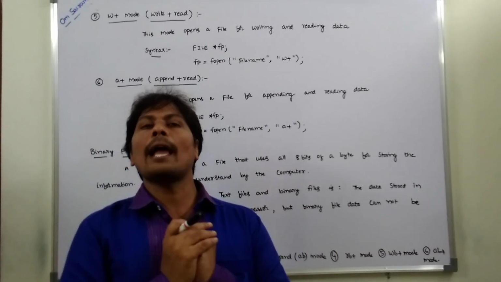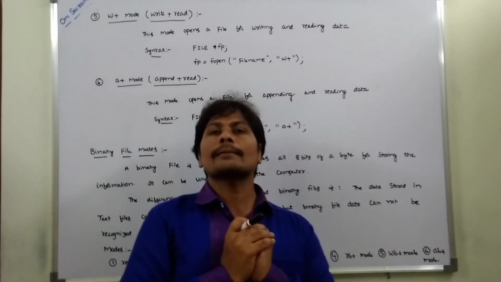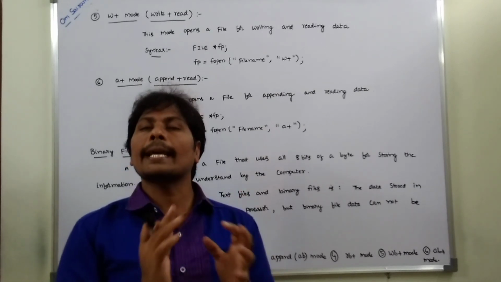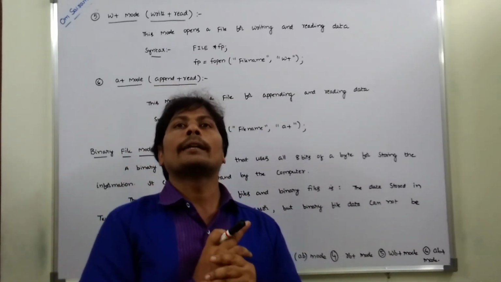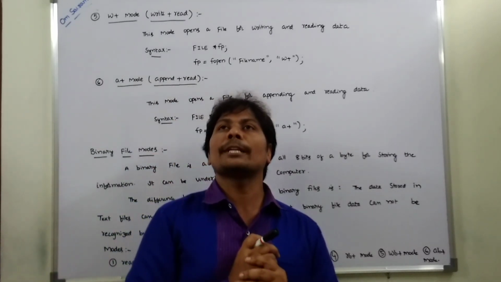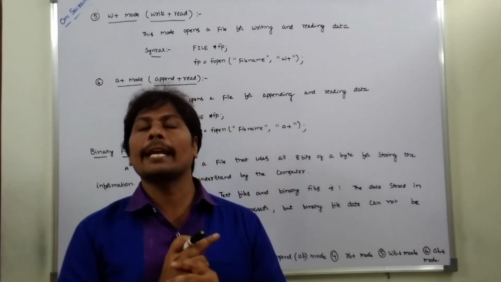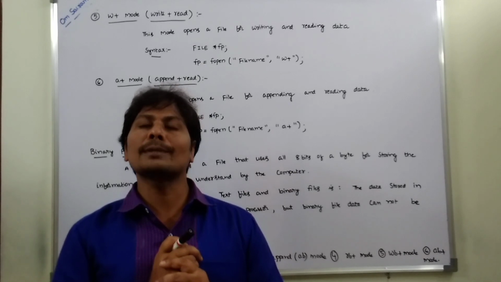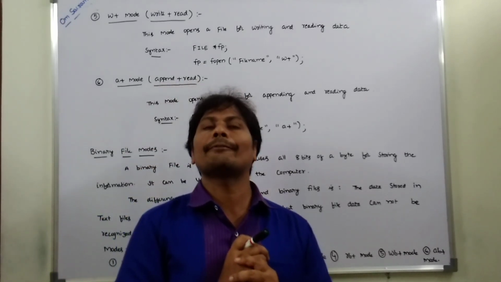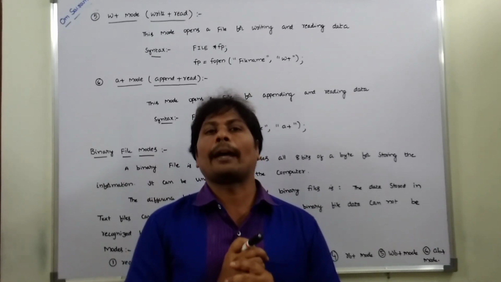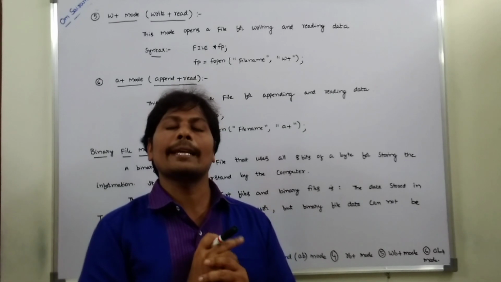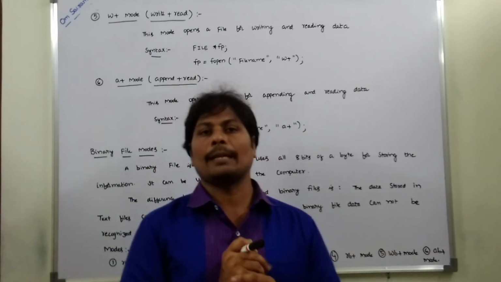The ASCII values of uppercase alphabets are 65 to 91, lowercase alphabets are 95 to 121, and digits from 0 to 9 are 48 to 57. By using these ASCII values, we are storing the text information in text files. The extension for text files is .txt.